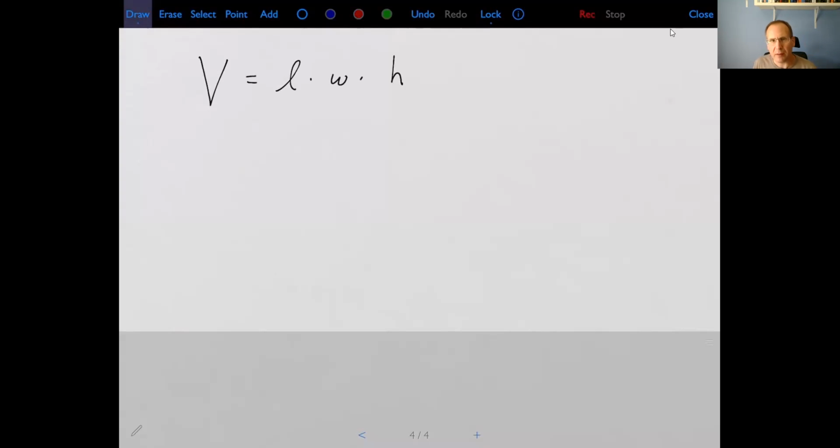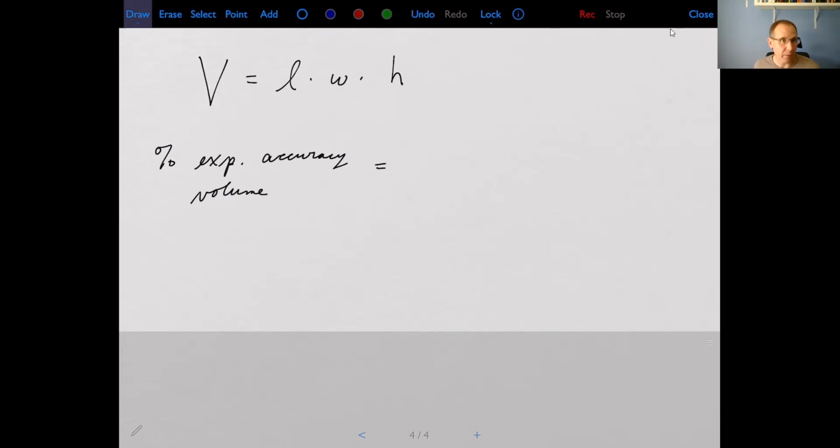You simply multiply those 3 values together, and that will give you the volume. The next thing we wanted to compute was the percent experimental accuracy for the volume.